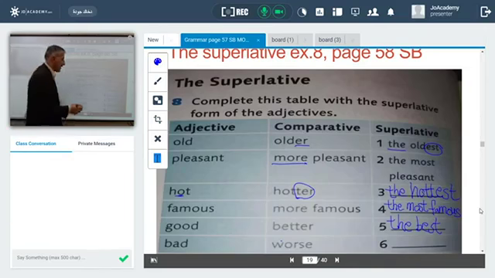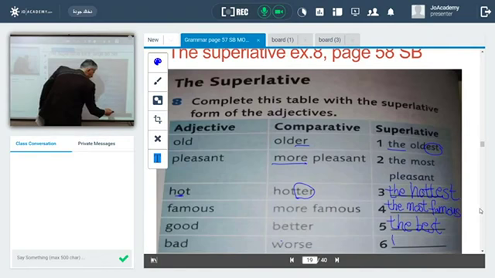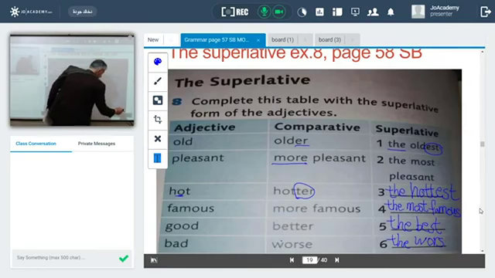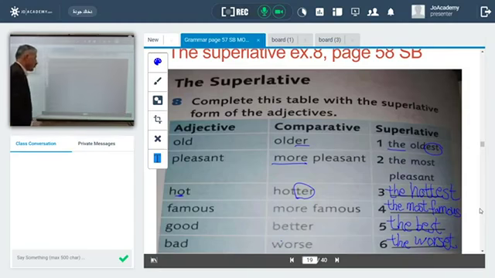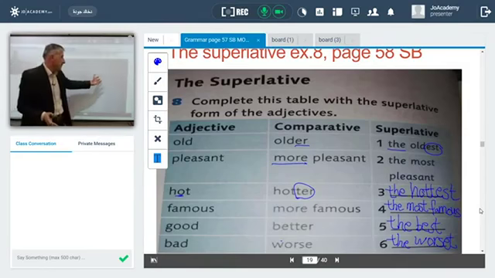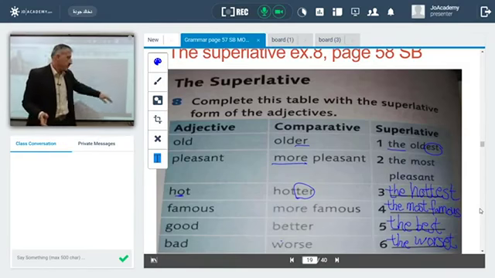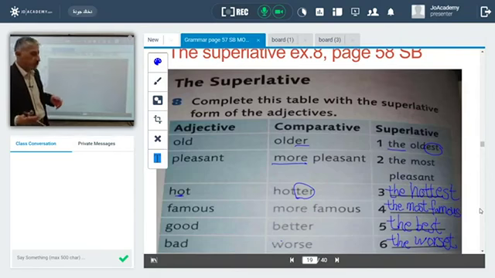So here I will add the, okay, and worst. It becomes the worst. He is the worst student. He is the worst student in the class. So here I made the comparison and I made superlative. Okay, superlative between more than two persons.